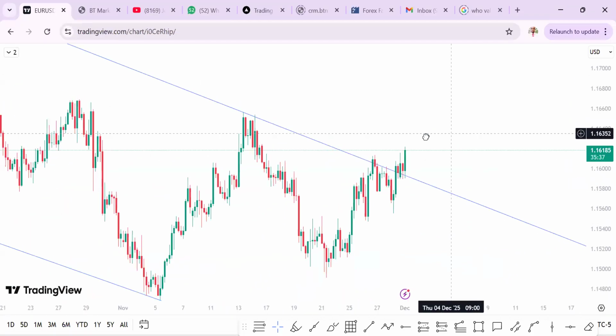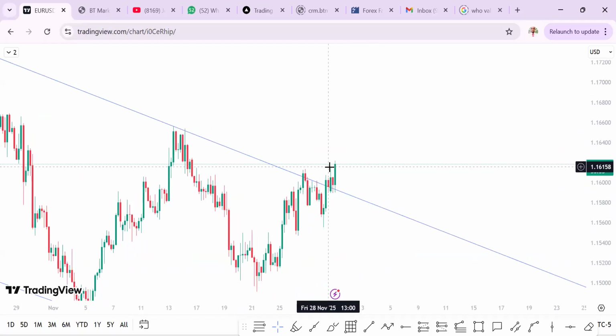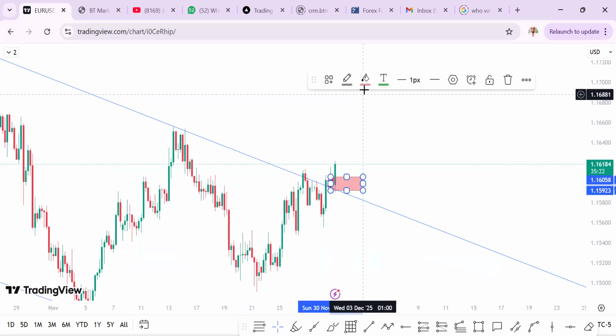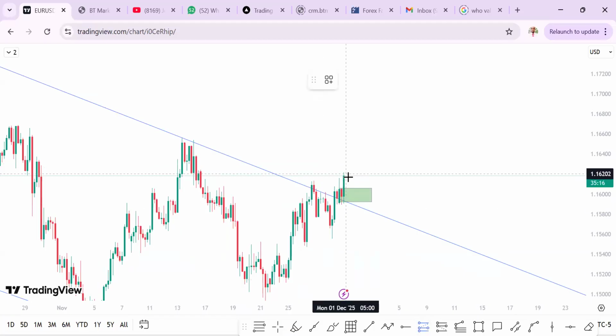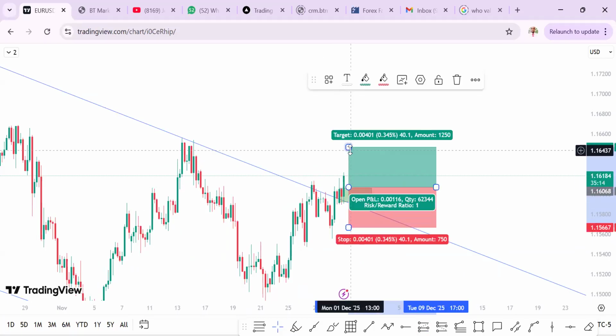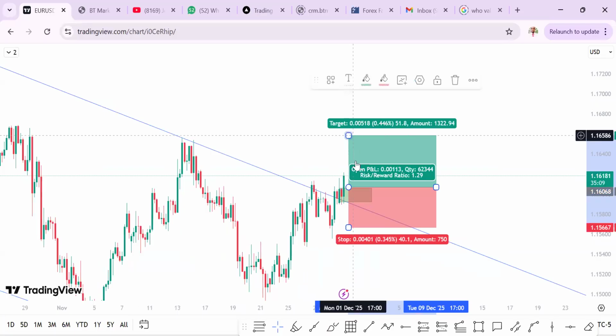And here's our 4 hours. If we have a successful close, maybe if we want to trade today, we can still trade. If we have this 4-hour candle close successfully, here will become the demand that we can trade from. I'm not sure you should take it now, but we can trade something like this, target this high, around 50 pips.